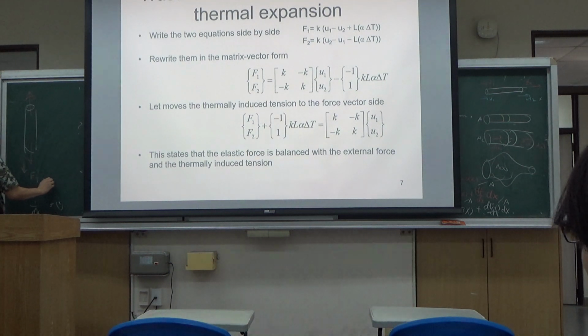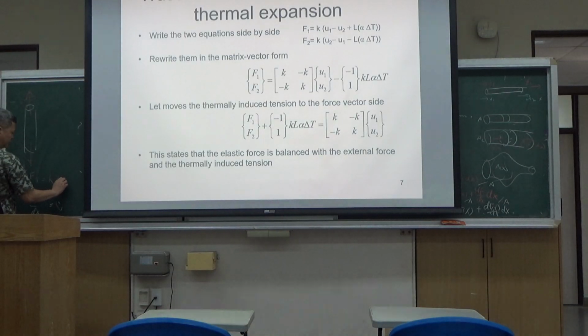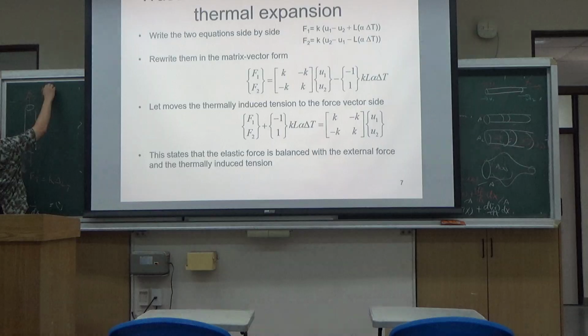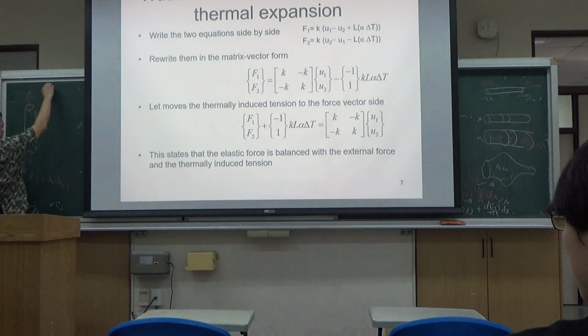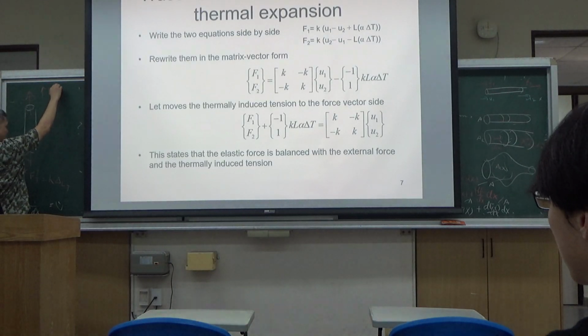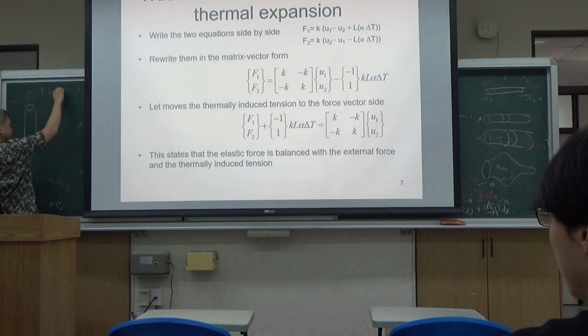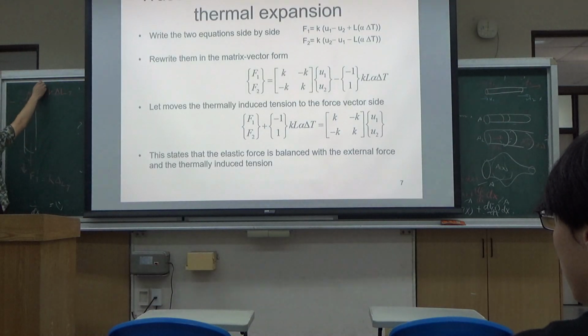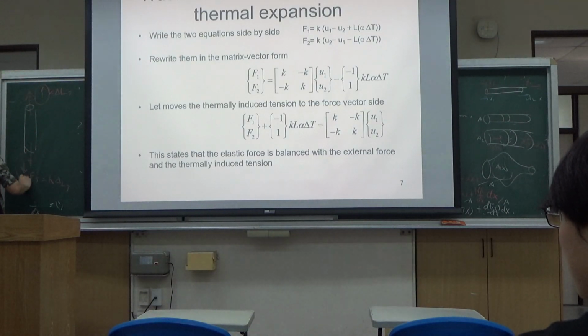It is the spring constant times thermally induced elongation. And this one is the spring constant times thermally induced elongation. But clearly you can see the direction is opposite each other.